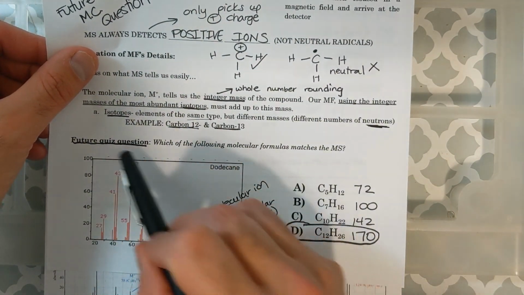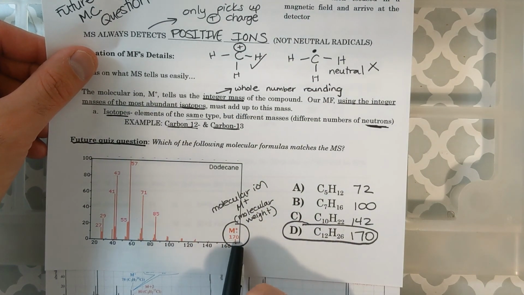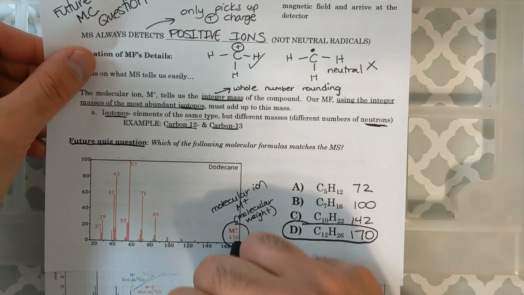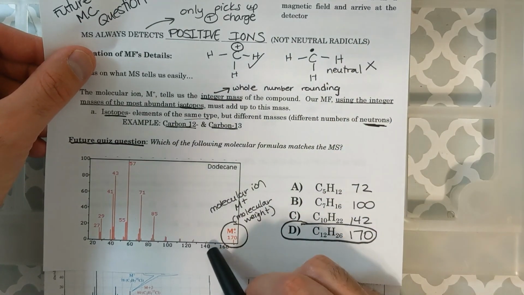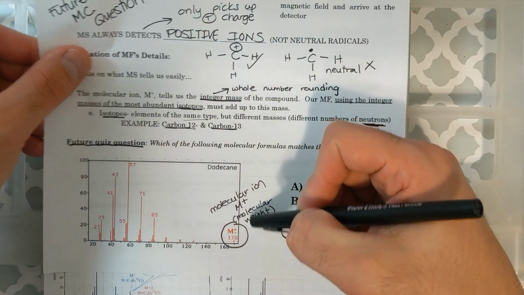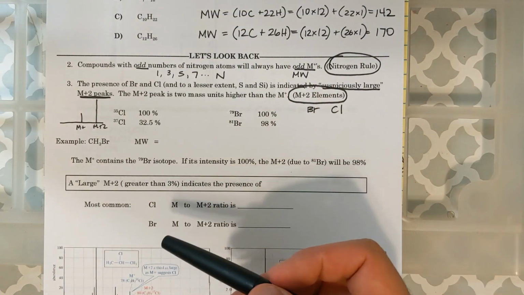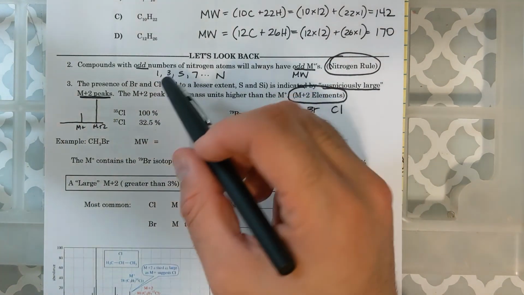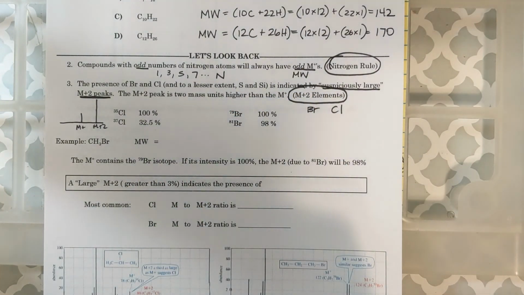These peaks are different masses, and I have my M plus molecular ion peak, which is the molar mass or the molecular weight. If I have an M plus peak and then an M plus 2 peak, that means I must have bromine or chlorine present. Okay?